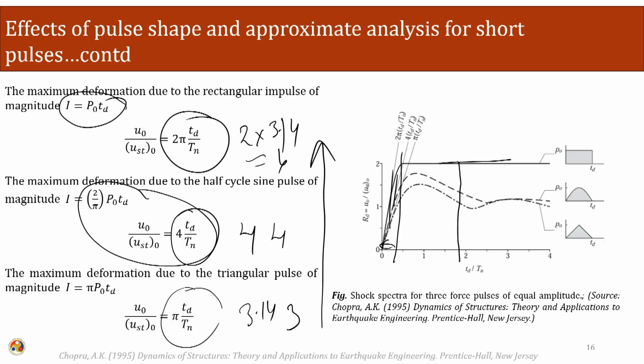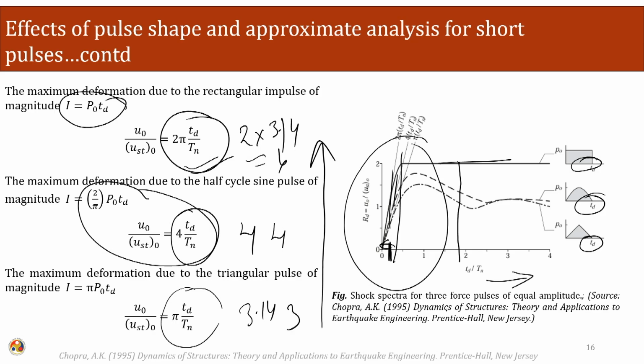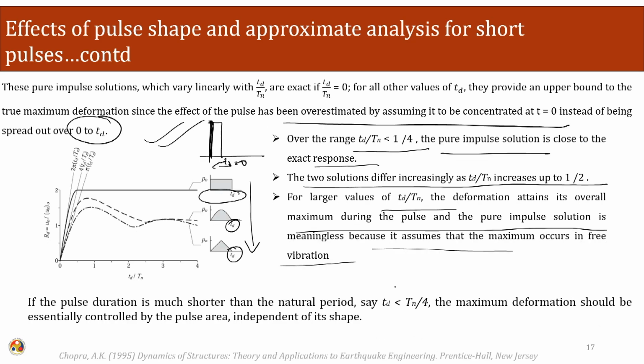It means that if the load duration is in this range, then the solution to the impulse loading and the solution to the actual loading are in close agreement. But when Td becomes significant, the impulse solution overestimates and is not exact. So its validity remains in this region only.